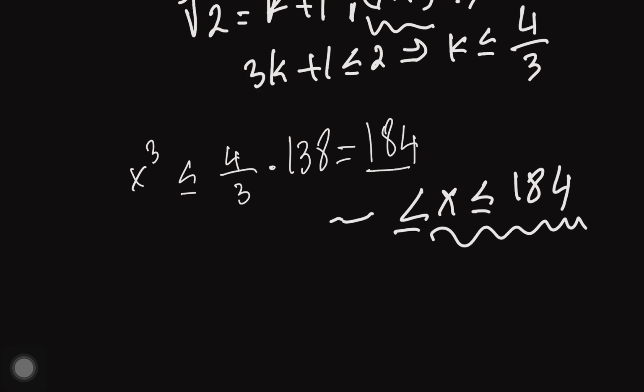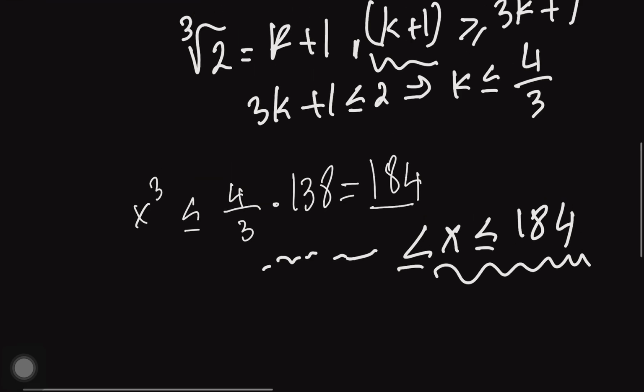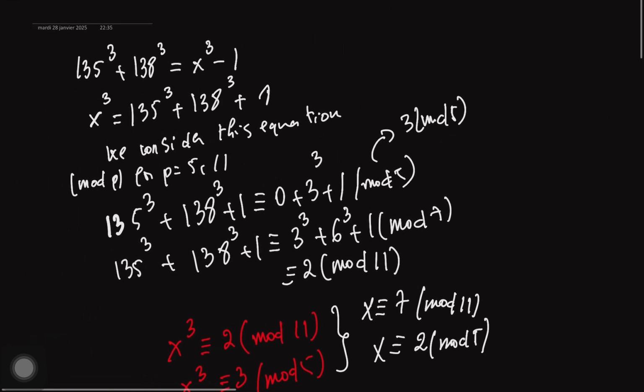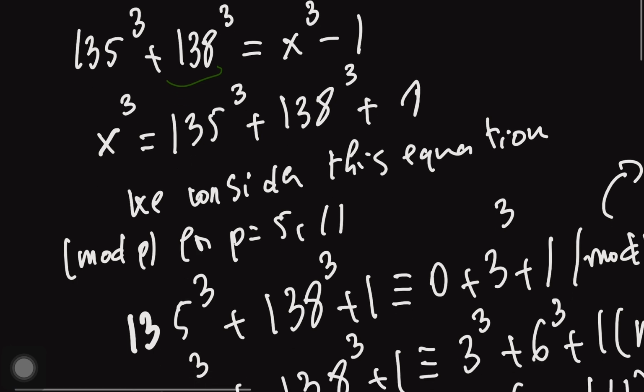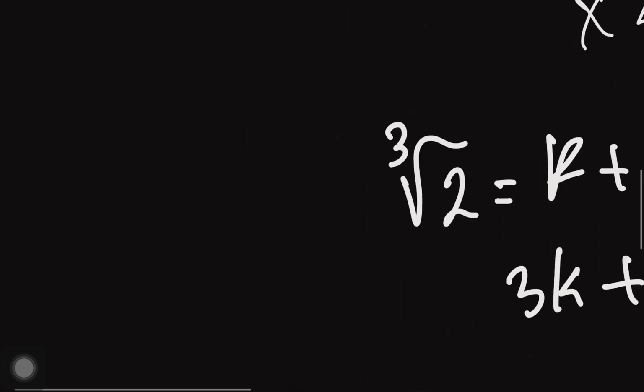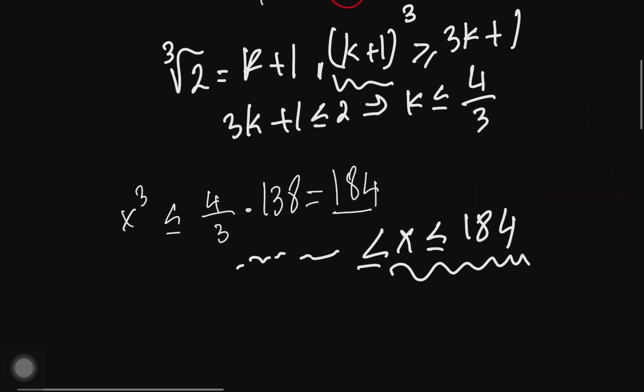Now we want a lower bound. From our initial equation, x is clearly bigger than 138, because x to the power 3 is equal to 138 to the power 3 plus 135 to the power 3 plus 1, which means that it might be a good idea to put 138 here.